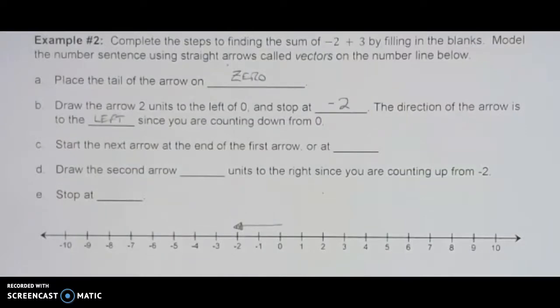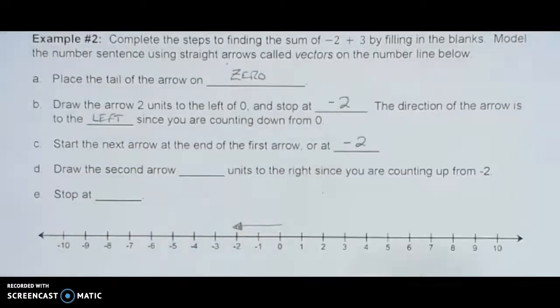In step C, it says start the next arrow at the end of our first arrow. Well, our first arrow ended at negative 2, so our next arrow is going to start at negative 2. So I'll put my little dot here to start where my arrow is going to begin.